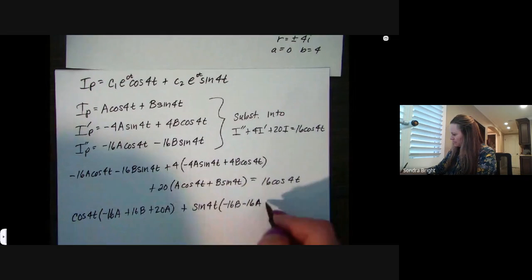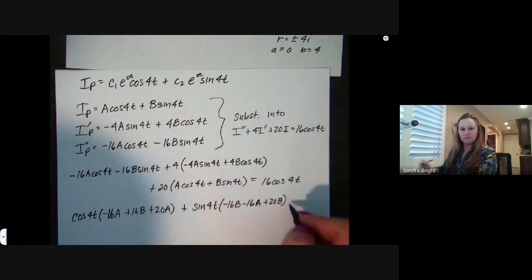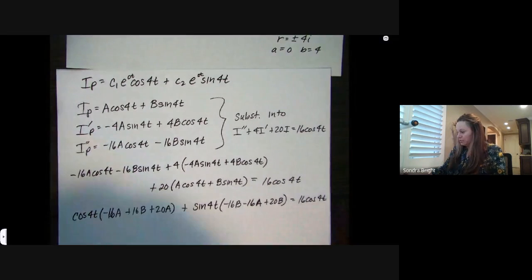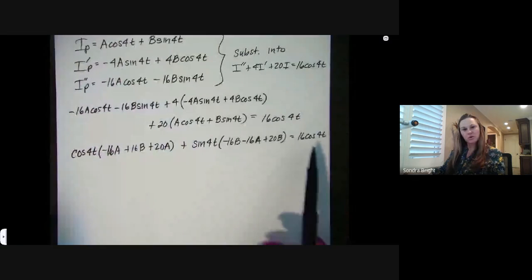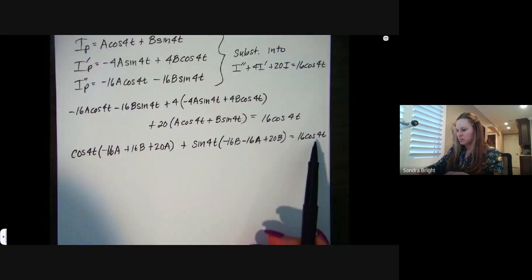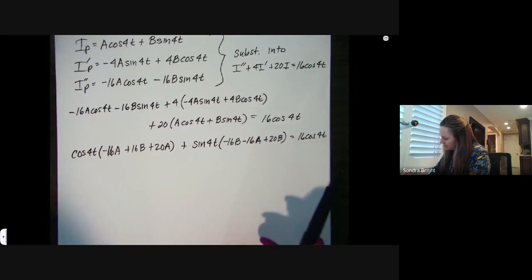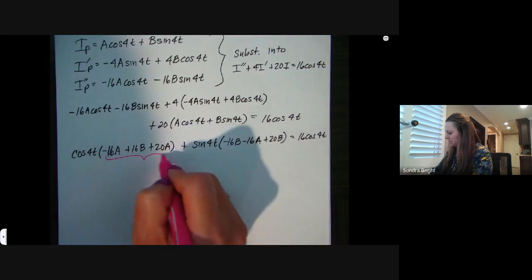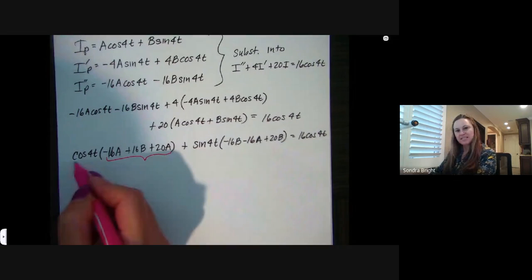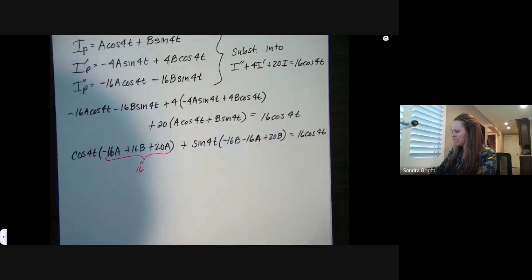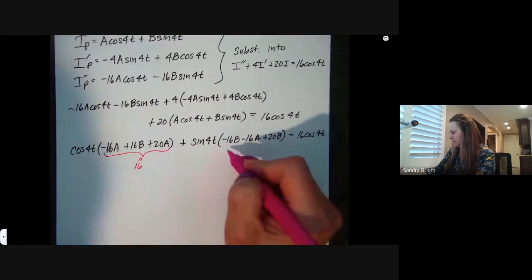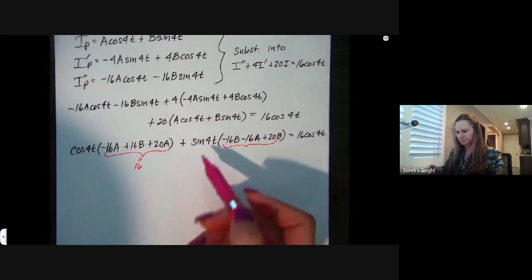And that's equal to 16 cosine of 4t. All right, I do have a cosine of 4t, right? And my coefficient is 16, which means that this is the coefficient on cosine of 4t. This must equal 16. And then because I don't have a sine of 4t on the right-hand side, the coefficient on sine of 4t must be 0.